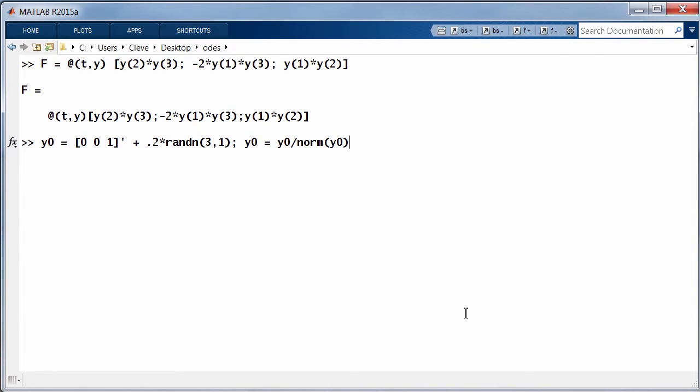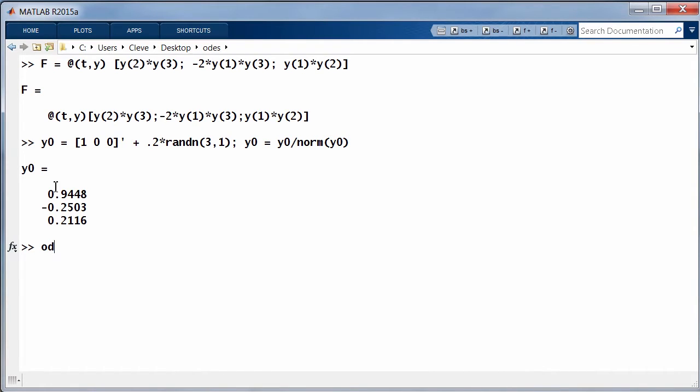Now I'm going to start with an initial condition that's near the first critical point. 1, 0, 0 is a critical point, and I'm going to take 0.2 times a random number so it'll be near the critical point, and then normalize it so that it has length 1. So the largest component is the first component, and the other 2 are small but not too small.